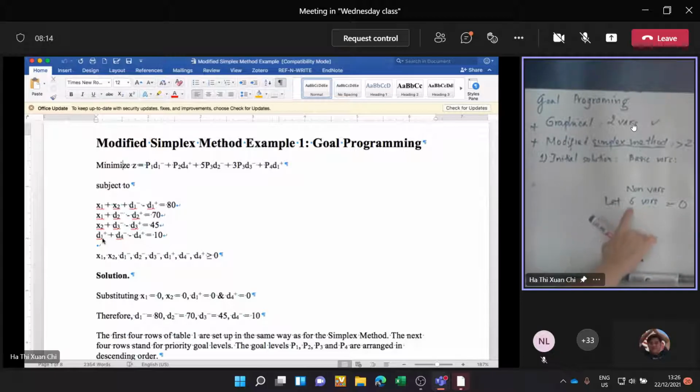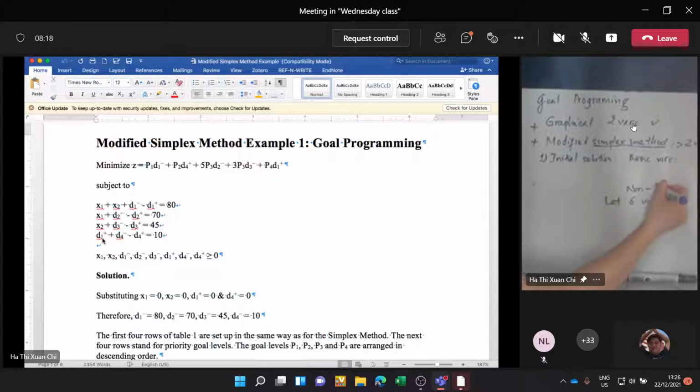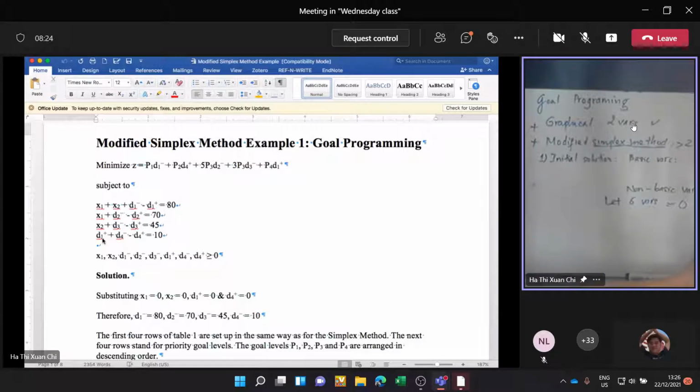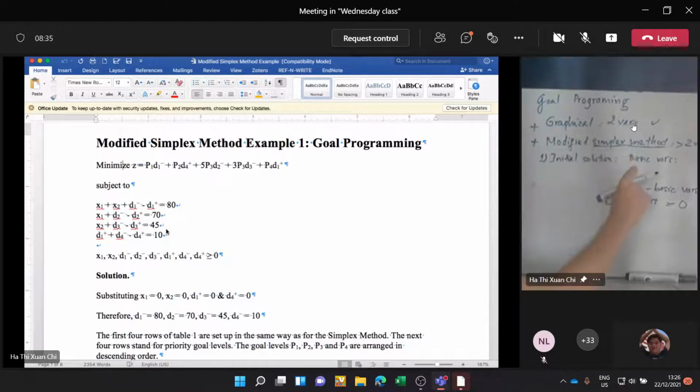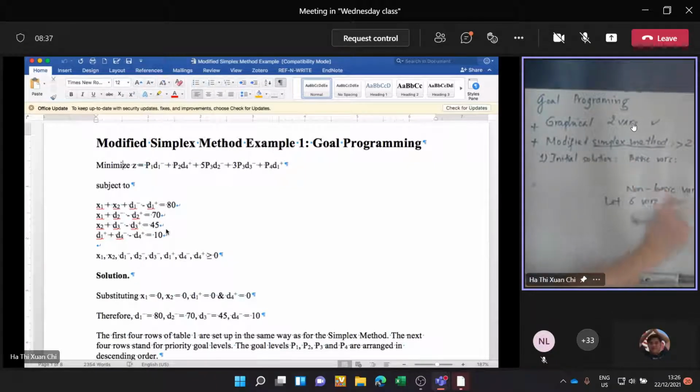So the variable we let equal to 0 here, we call that a non-basic variable. So you substitute 6 variable here equal to 0 in the model, so you can find the solution. By solution here, we call that the basic.